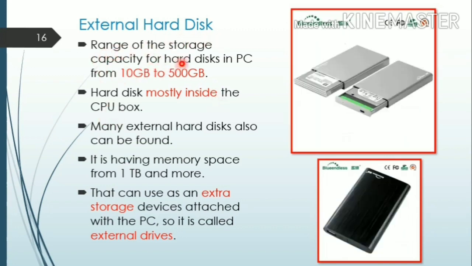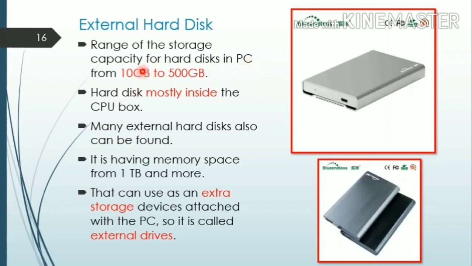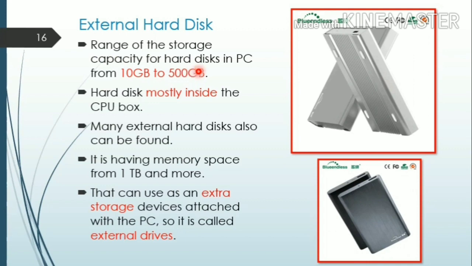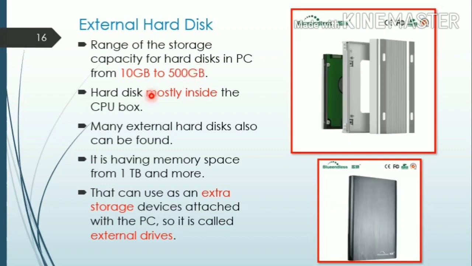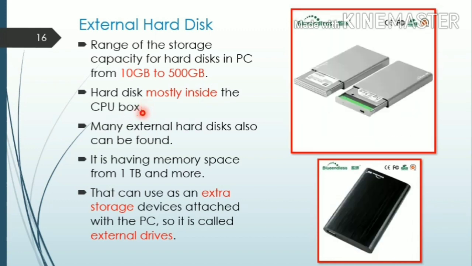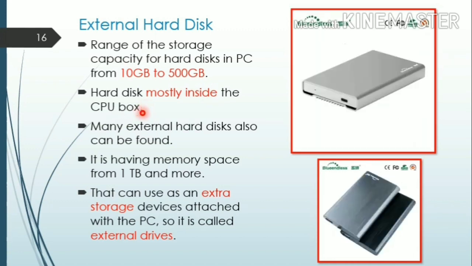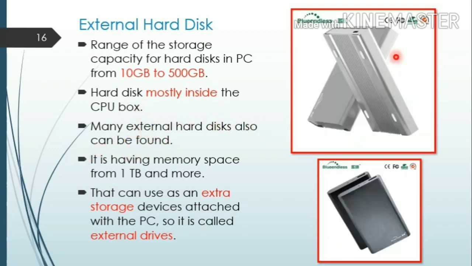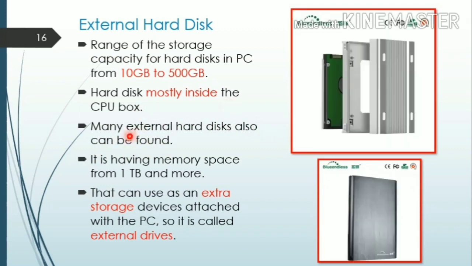The storage capacity of hard disks in PCs ranges from 10 GB to 500 GB. A hard disk is mostly inside the CPU box, as we have seen many times, but external hard disks can also be found.